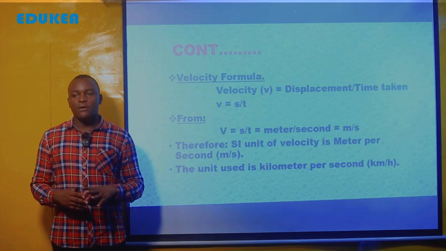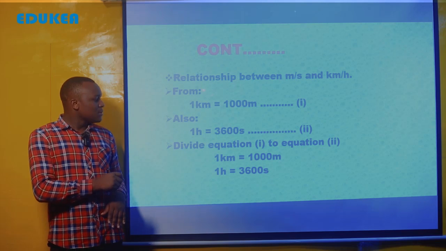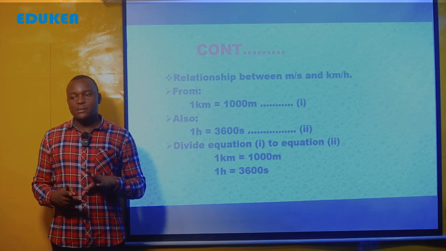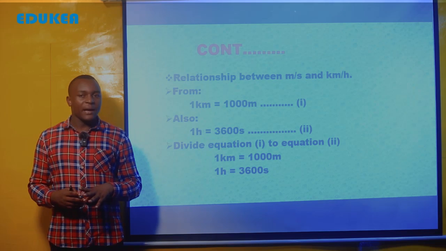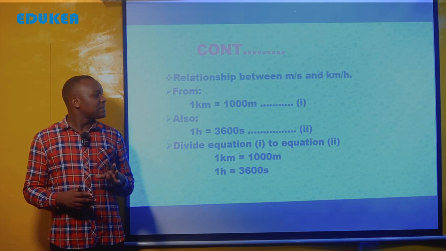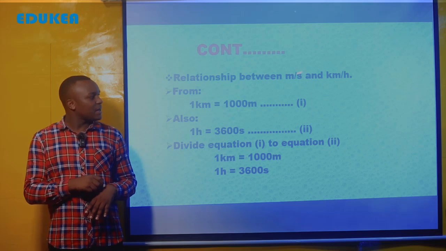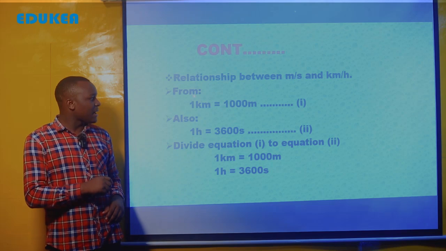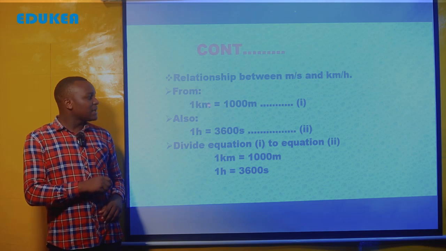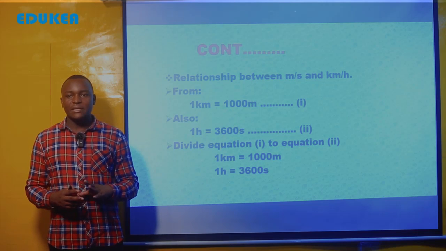So now let us establish the relationship between 1 kilometer per hour and the value of meter per second. We know that 1 kilometer is equal to 1000 meter, kwamba kilomita moja ni sawa sawa na mita 1000.